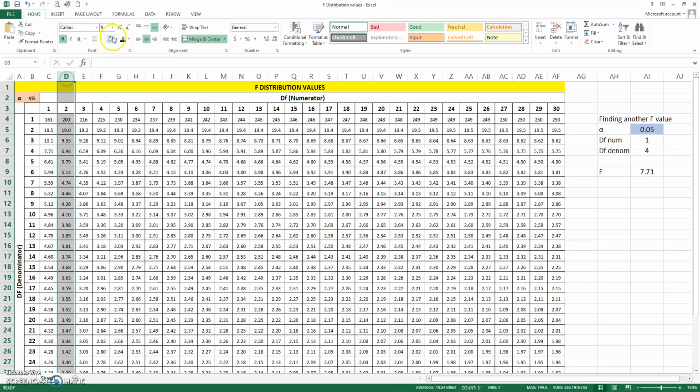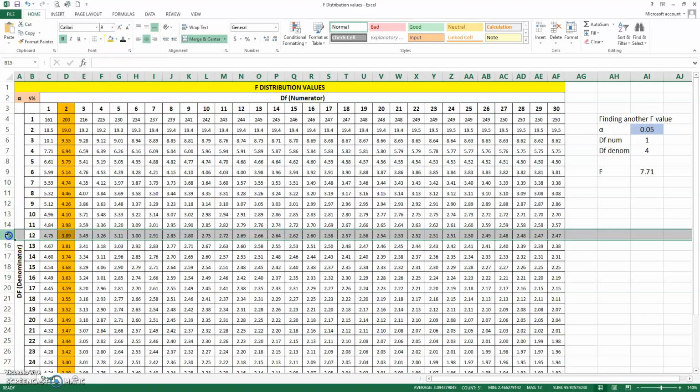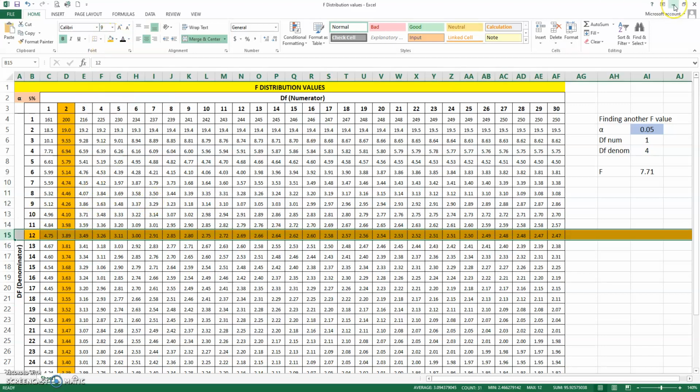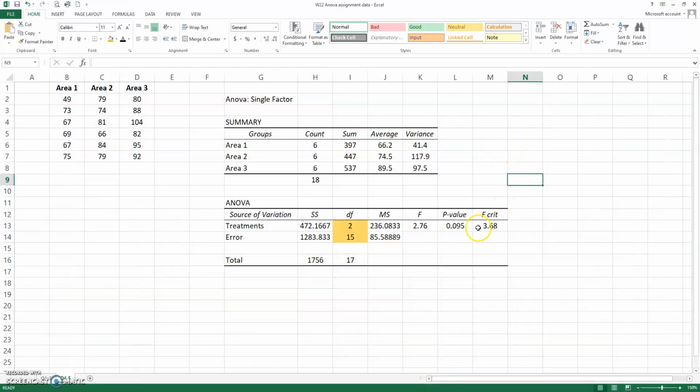We have 2 degrees of freedom in the numerator and 15 degrees of freedom in the denominator.